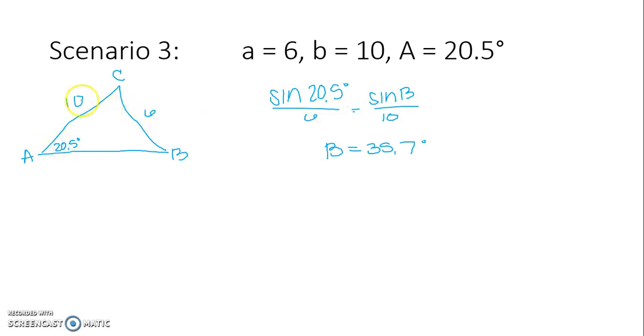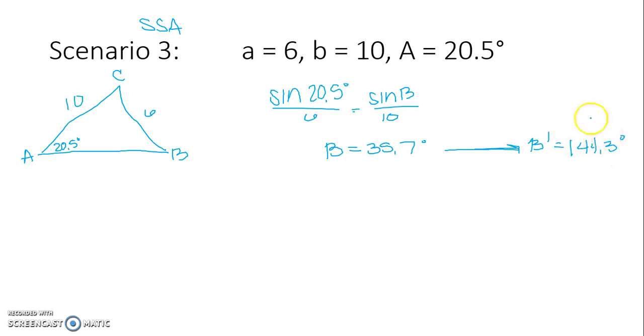But again, this was two sides and then the angle. It was side-side-angle. So I need to check my supplements. So B prime, maybe, will exist. So I'm going to do 180 minus 35.7. When I do that, I get that B prime would be 144.3 degrees. But I need to check it.